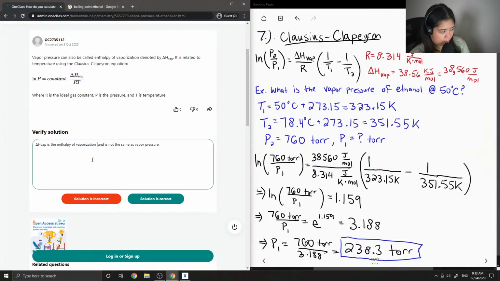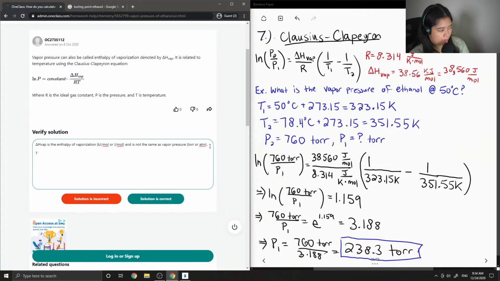The units of enthalpy of vaporization are kilojoules per mole or joules per mole, and the units for vapor pressure can be torr or atm. But already we can see that they are not the same thing.